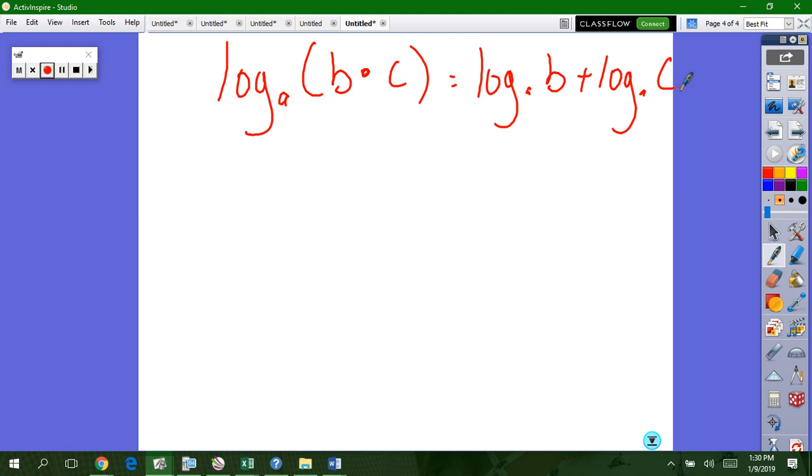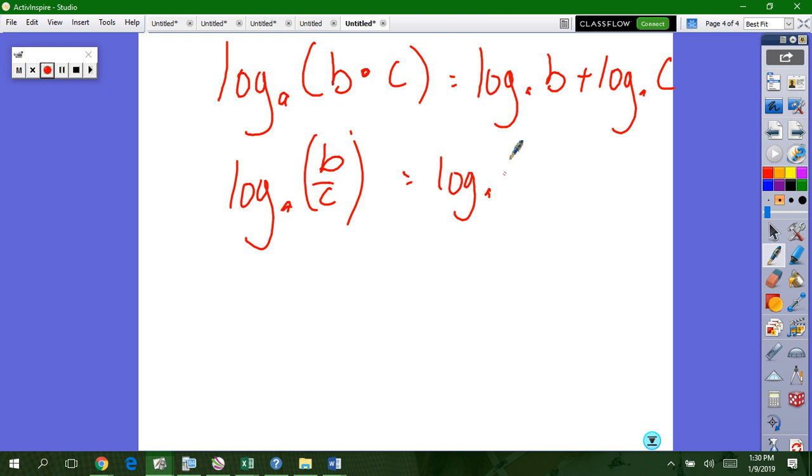Those are our bases of A. If I have division, what did I do on the other one? I subtracted. So what am I going to do here? I'm going to go log base A of B minus log base A of C. Okay.